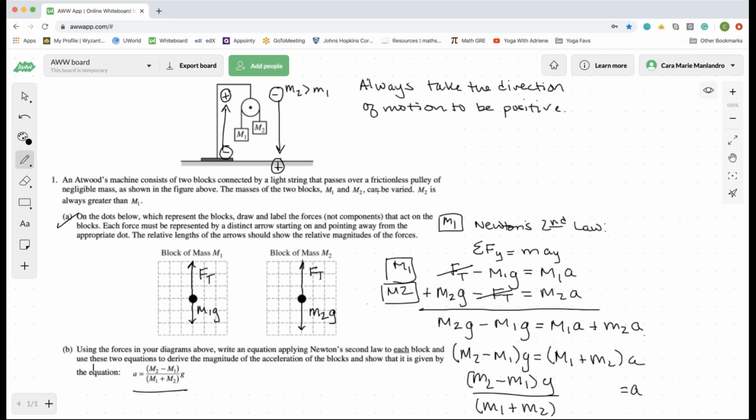But here they gave you the clue that M2 is greater than M1. The magnitude of the acceleration would have been the same. Does that make sense? We just would have gotten the direction wrong. But again, they gave you the context in the question.